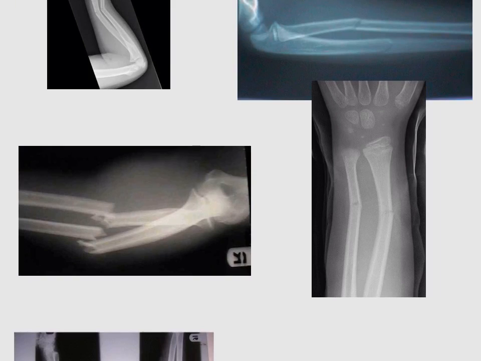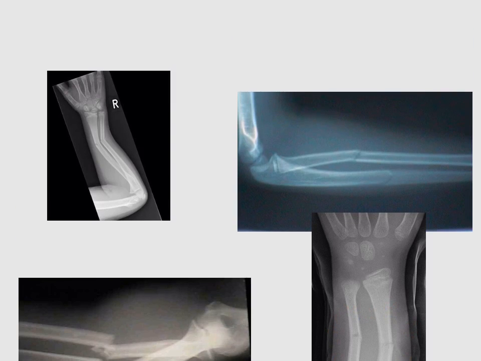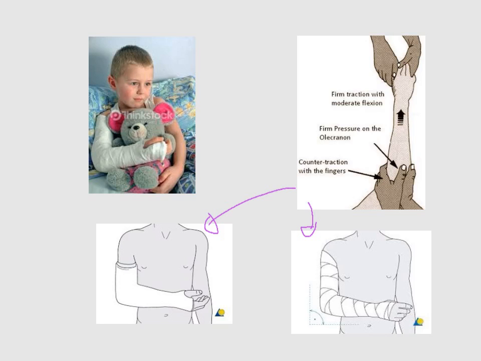The incomplete fracture of the radius and ulna in children is called a greenstick fracture.